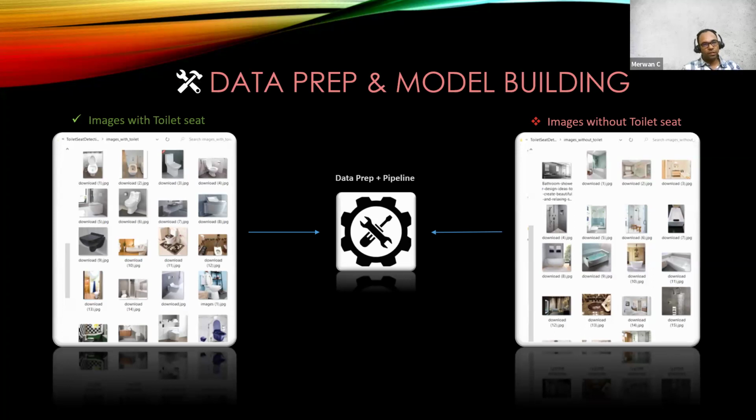And then comes the training and testing piece. After our images are sorted and labeled, we split this data set into two sets again. One for training our model and another for testing its accuracy. This is the training set where our model practices and learns. The key here is that the model should identify our targeted object, which is a toilet seat, in the new image and any unseen images.